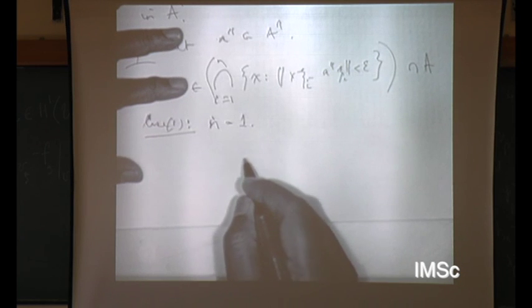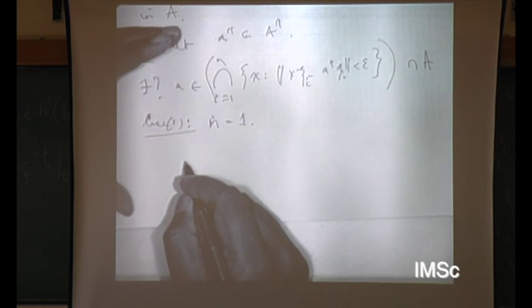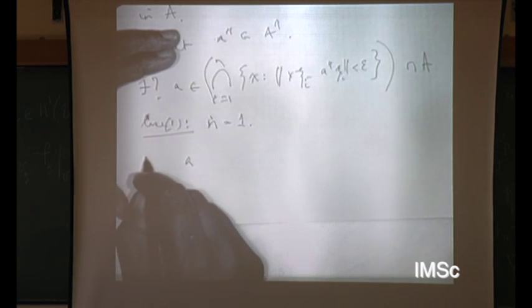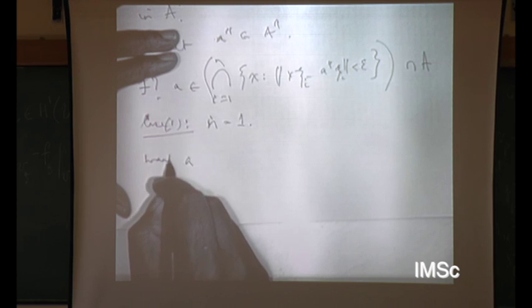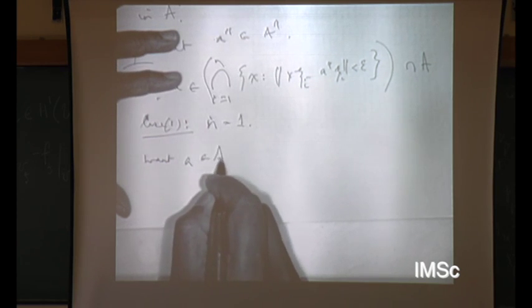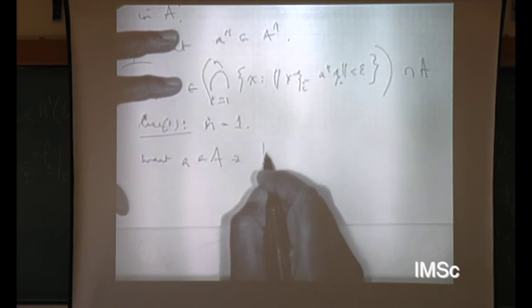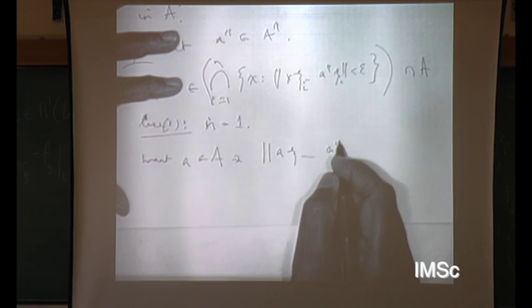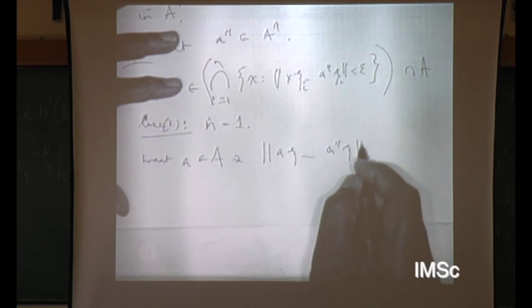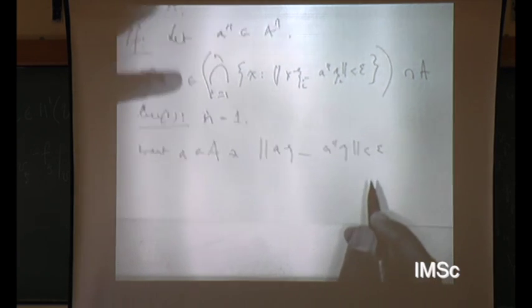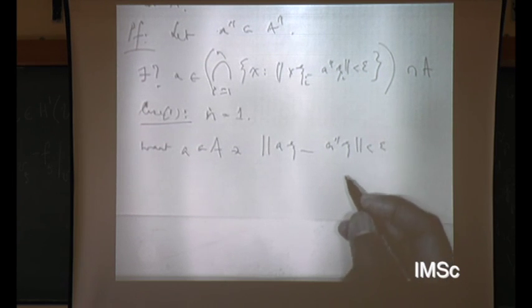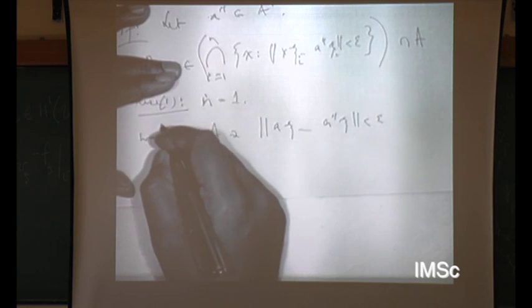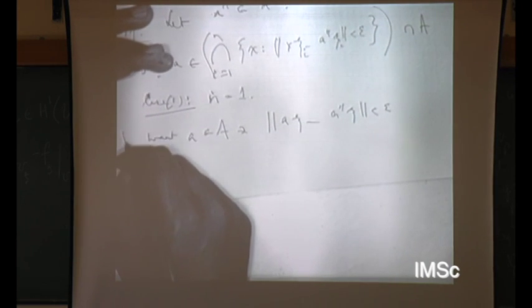That means we are given one psi, we want A in 𝒜 such that norm A psi minus A double prime psi is less than epsilon. This is for any epsilon. For each epsilon, we want this.